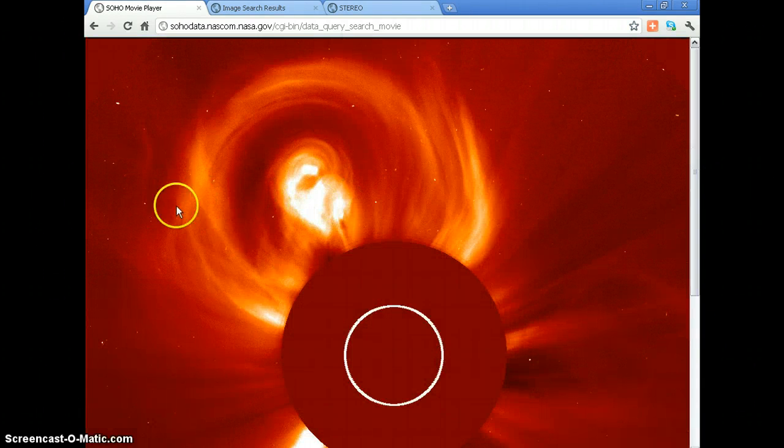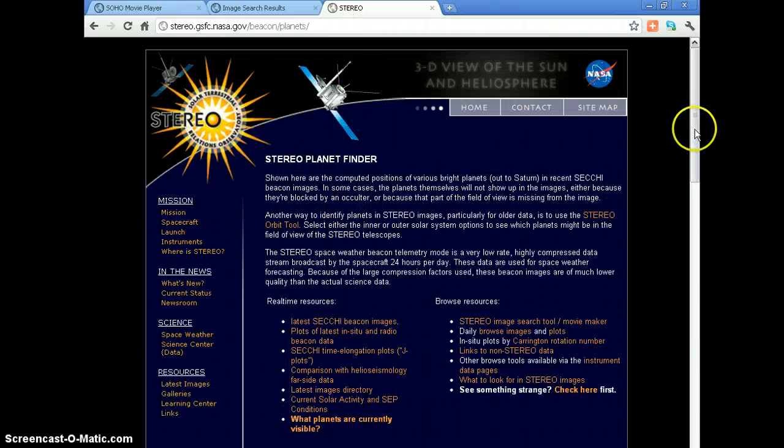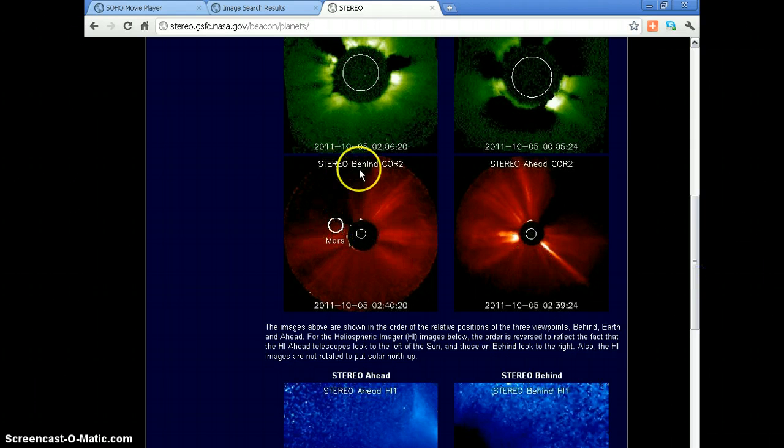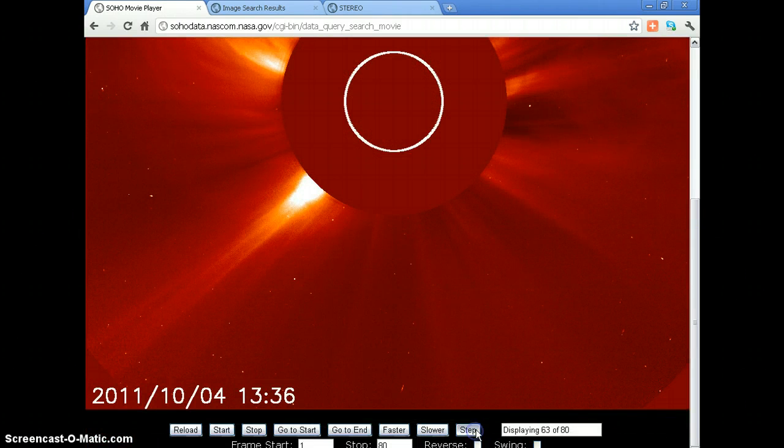And what we do know is that Mars is over here in this area, based upon the graphs that we have. Because of that graph, we know that Mars is here on STEREO Behind COR2 over in this area. So let's see if we get anything from that. I'm going to allow this to play forward in a second. But what I want you to notice is this area, how the time lapses very strangely.